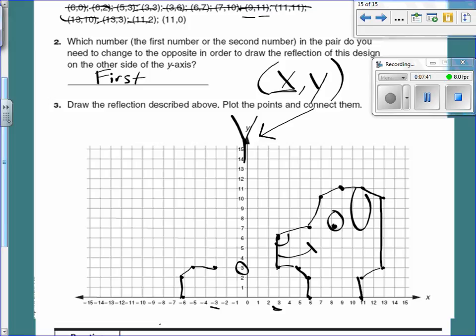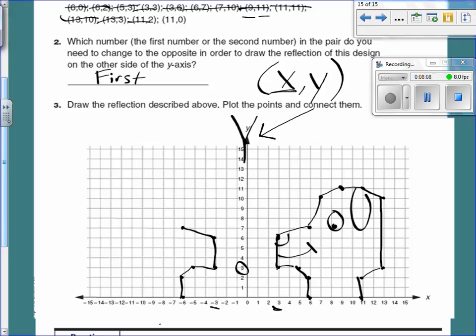Okay, I already plotted negative 3, 3. Next would be negative 3, 6. Negative 6, 1, 2, negative 6, 1, 2, 3, 4, 5, 6, 7. Connect that point. Everyone's seeing the reflection happening. Negative 6, 7.